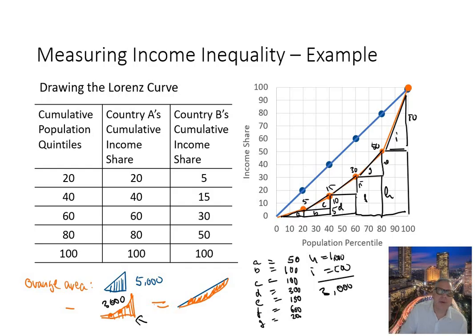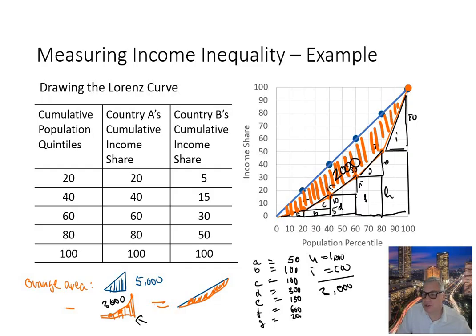So the area between the equal opportunity line and above the Lorenz curve, so this area here, is 2,000, because 5,000 minus 3,000, so that is 2,000.